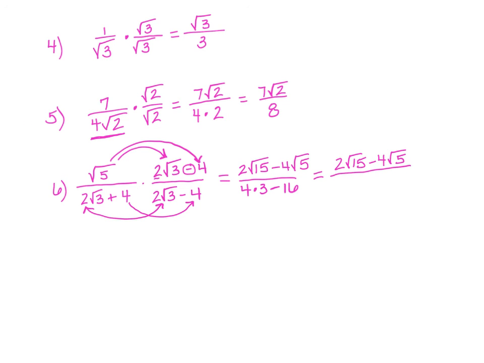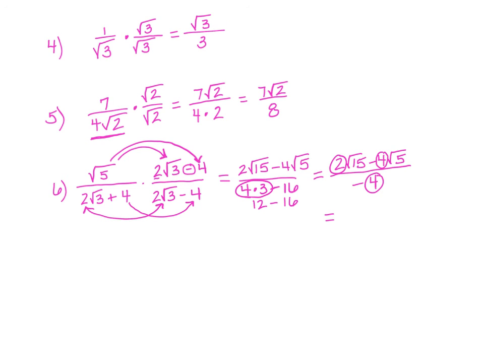On the bottom, I have 4 times 3, which is 12. This is 12 right here. Minus 16. 12 minus 16 is negative 4. Now, if you look, you can't do anything with the radicals, but the numbers outside the radical, they all have a common factor of 2, so I can divide through by 2 here.